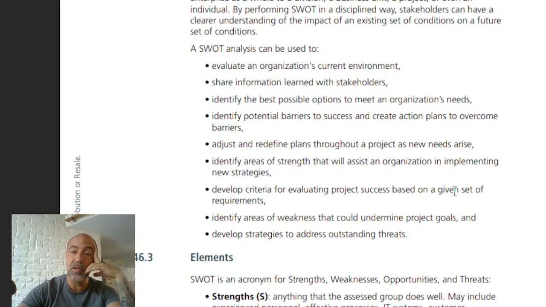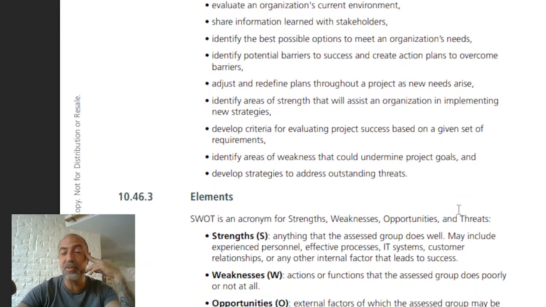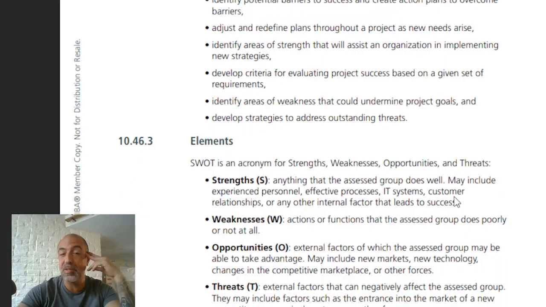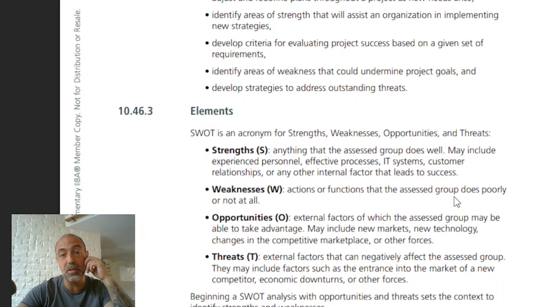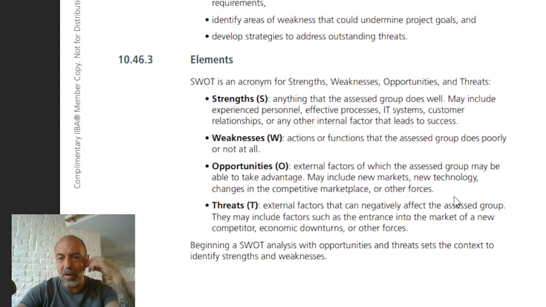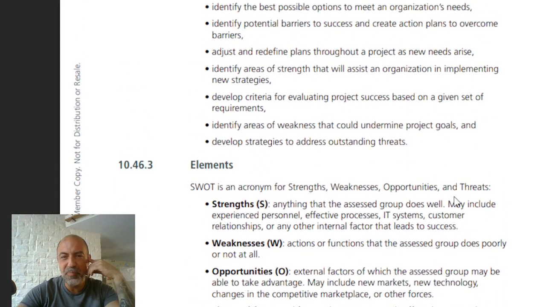It can adjust and redefine plans throughout the project as new needs arise, identify areas of strength that will assist an organization in implementing new strategies, develop criteria for evaluating project success based on a given set of requirements, identify areas of weakness that could undermine project goals, and develop strategies to address outstanding threats. Potential barriers to success, best possible outcomes, share information learned with stakeholders.